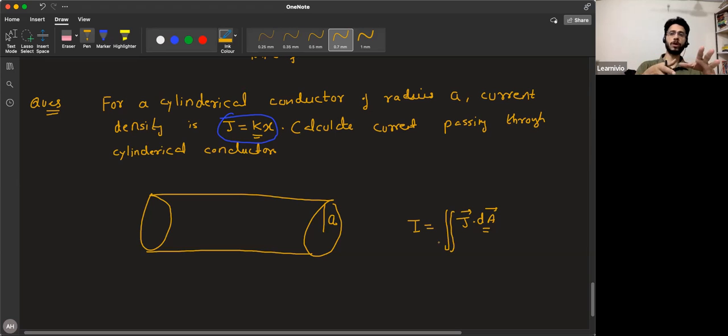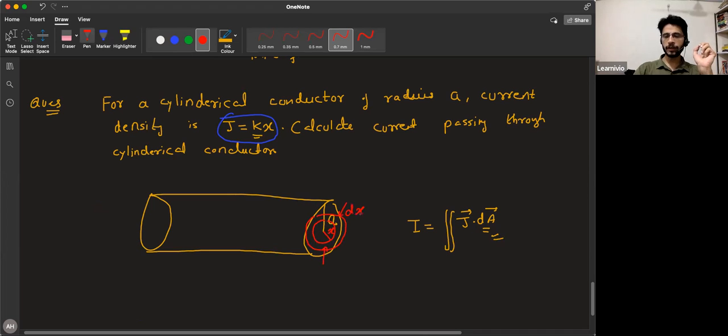You're not integrating one variable, you're basically integrating two variables. So to convert this double integral into a single integral, we consider a small area element in this way. We consider a small element which has radius x. And the thickness of this small element is dx.